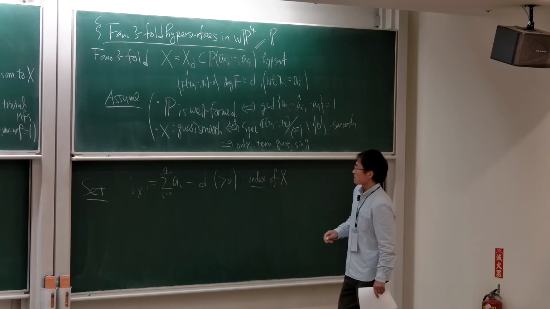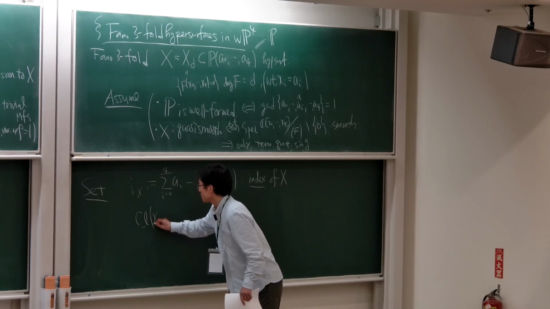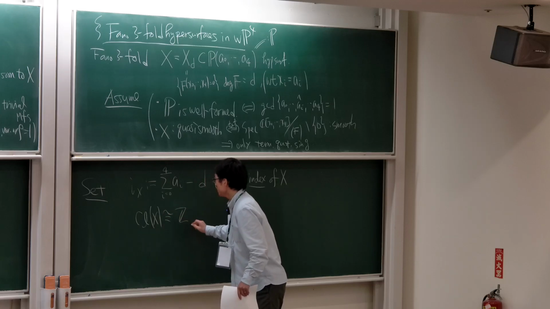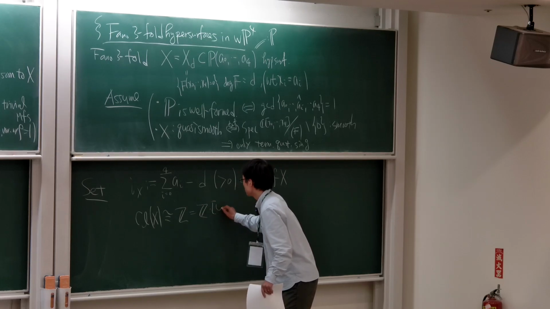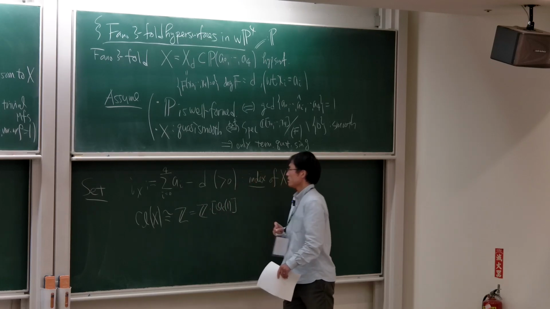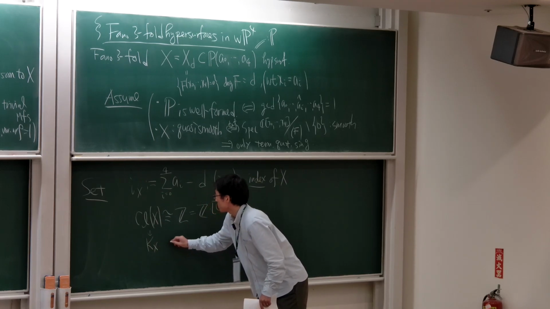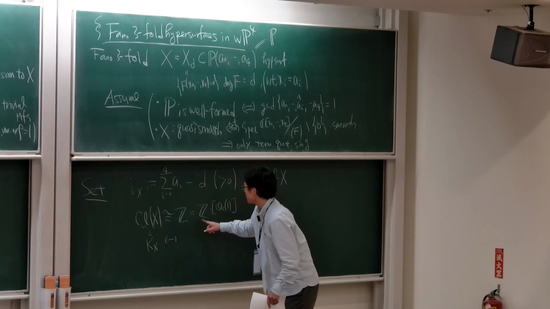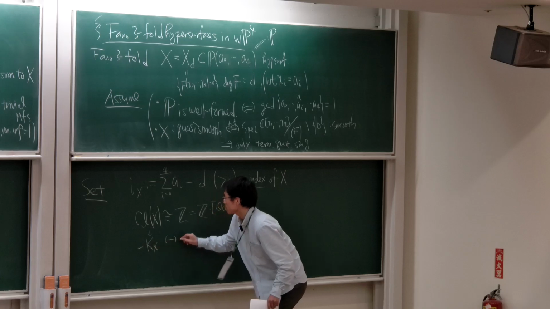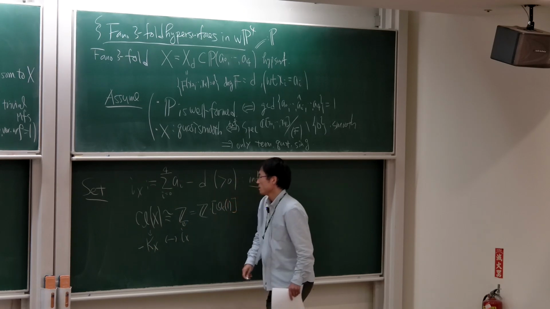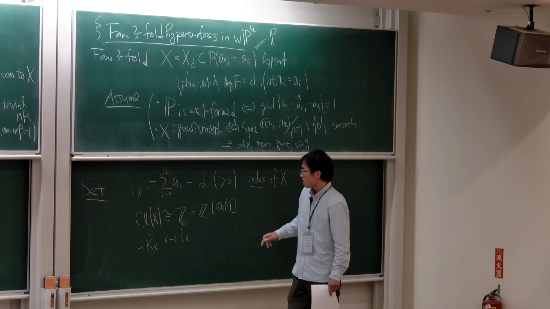So I define I_X to be this one. The class group is isomorphic to Z, and this number is the divisibility of minus K_X in the class group, not the Picard group. So minus K_X is O_X(I_X).